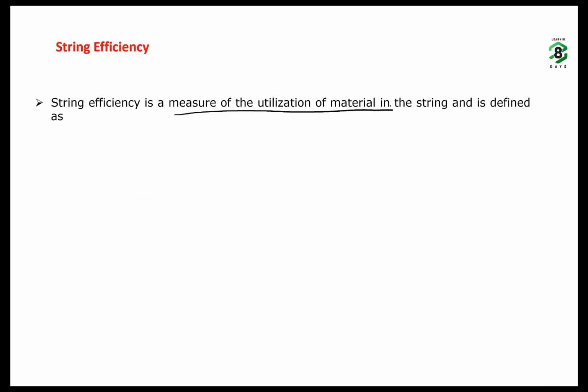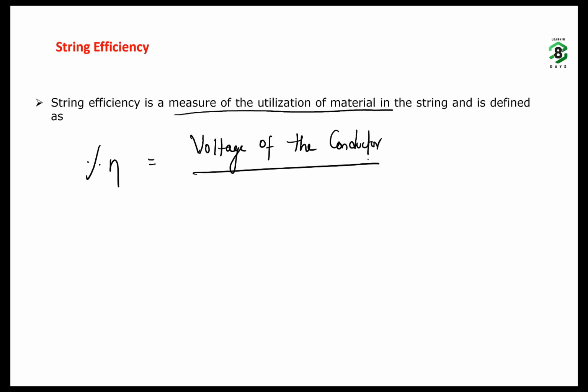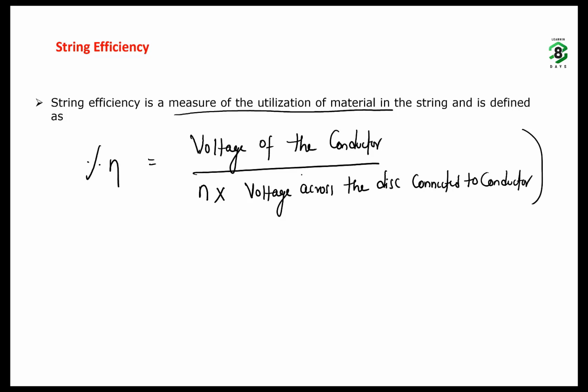So percentage string efficiency is given by voltage of the conductor divided by n, the total number of discs in the string, into the voltage across the disc connected to the conductor, into 100.